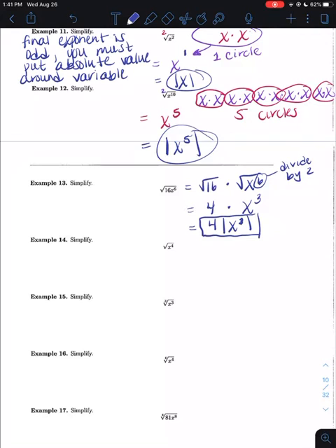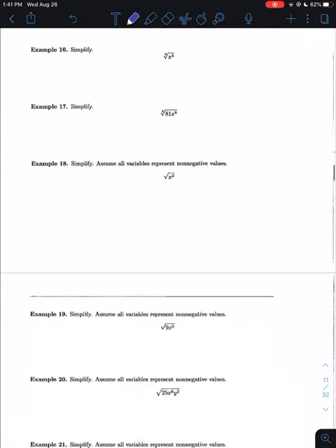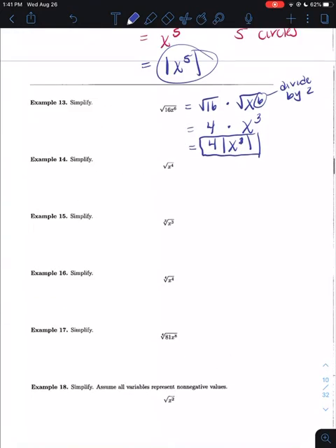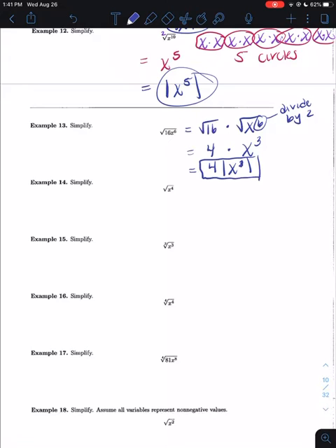All right, looking at example 14. Same thing. You're going to just divide your exponents by 2. So the square root of x to the 4th is x squared.